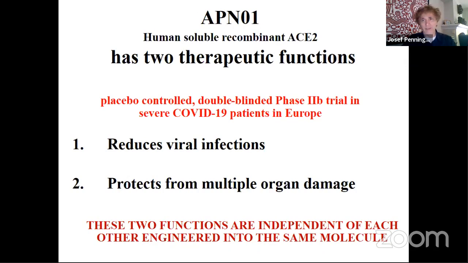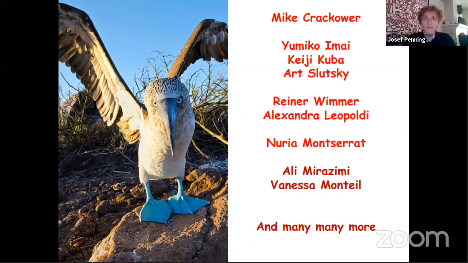But what we really need is carefully designed, controlled clinical studies, because at the end, we need to come up with medicines which work, not by anecdote, but really work in many, many patients in controlled clinical trials. And of course, we hope ACE2 works, but only at the end of the trial can we tell. It might also not work, but at least we will get data to see if this is a therapeutic option, in addition, of course, to what other people are doing. So with this, I end.